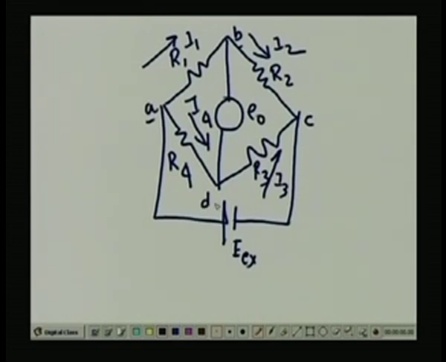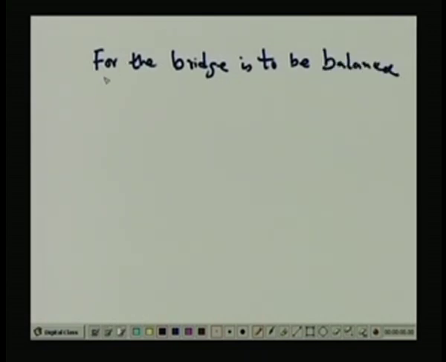Now, let us analyze this circuit. For the bridge to be balanced, points B and D must be at the same potential.